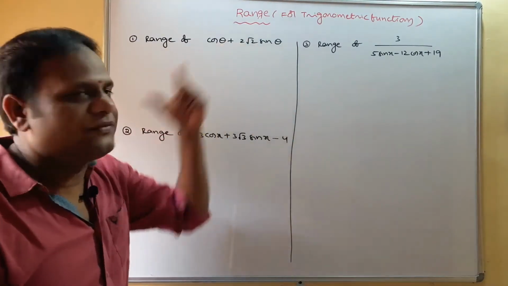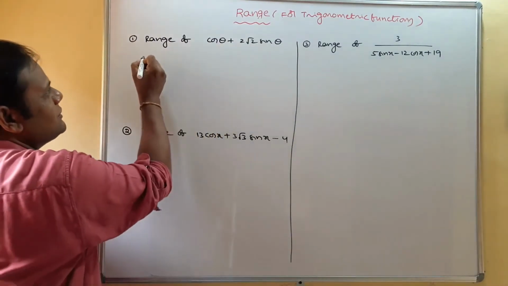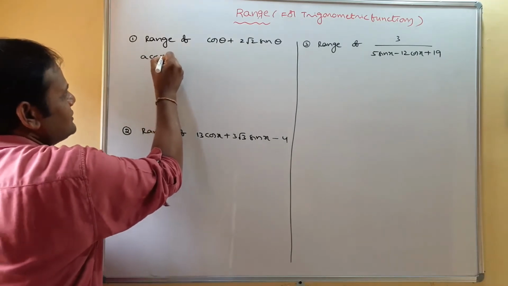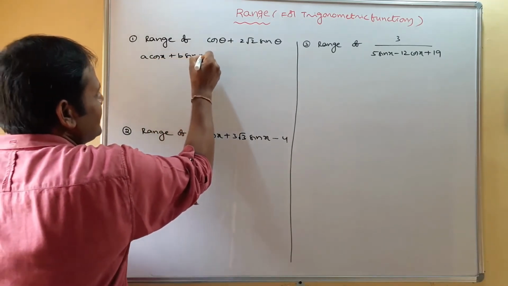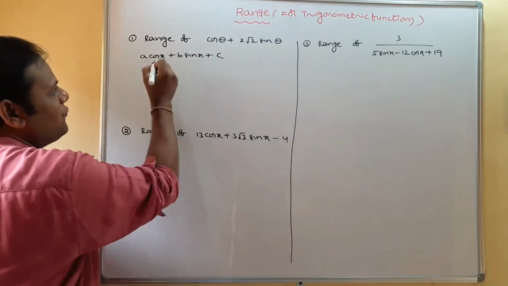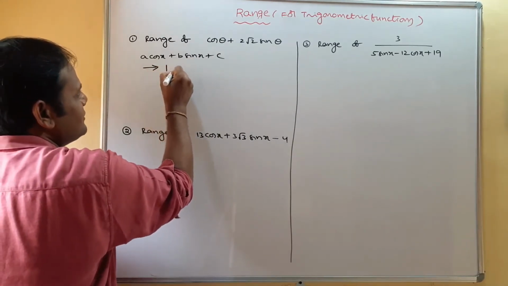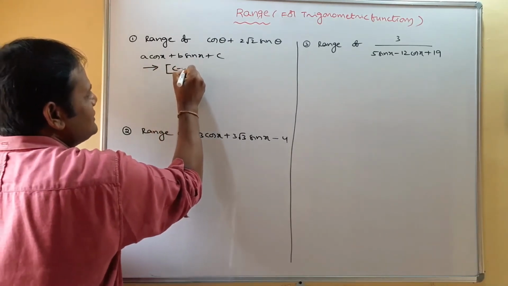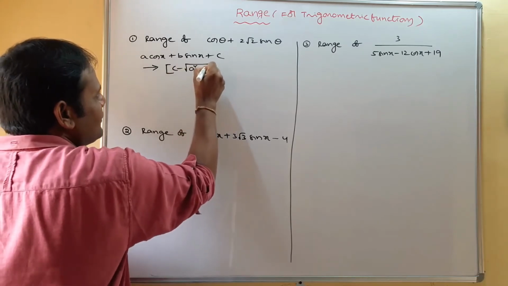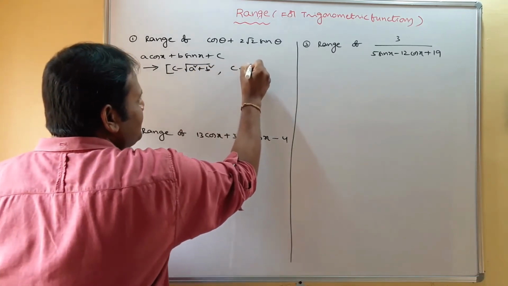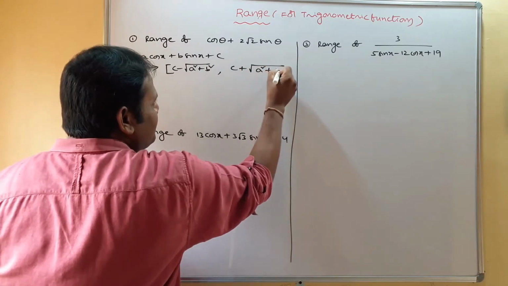Find the range of this function. Observe this function. Is it like a cos x plus b sin x plus c? For this, what is the range? It is the closed interval c minus root a square plus b square, c plus root a square plus b square.